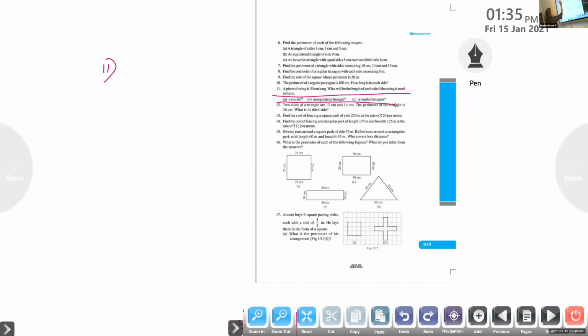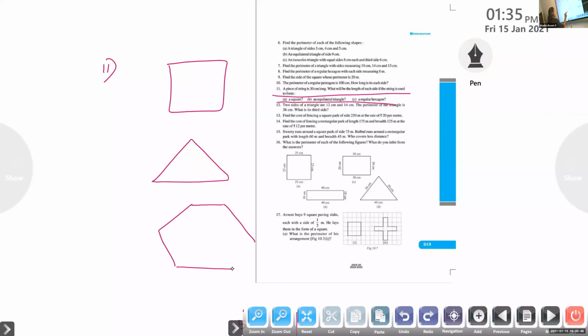With that 30 centimeter long wire, we have to make a square, then an equilateral triangle, and a regular hexagon. Clear, children? But in all these shapes, one thing is the same.